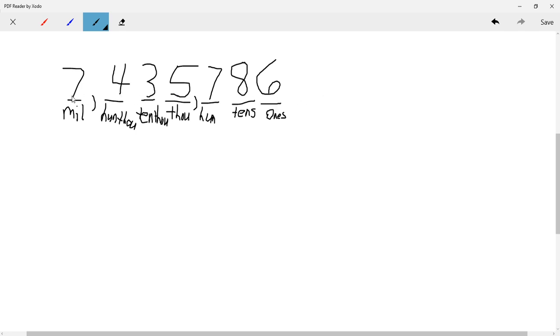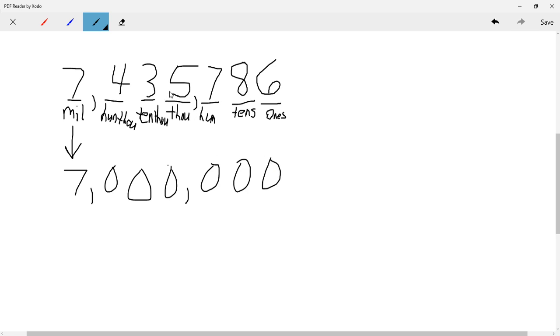Now, what is the value of this one? This 7 right here, the value of it is just 7 million. If they ask you what the value of a specific digit in the number is, the value will just be that number and then the rest of them zeros, right?